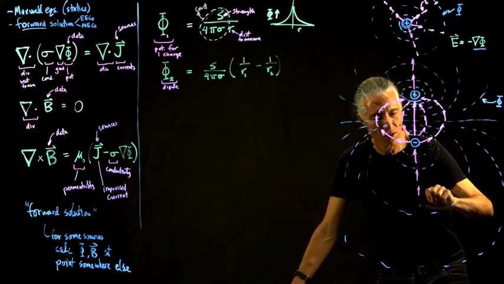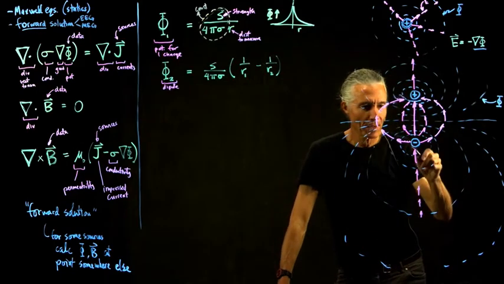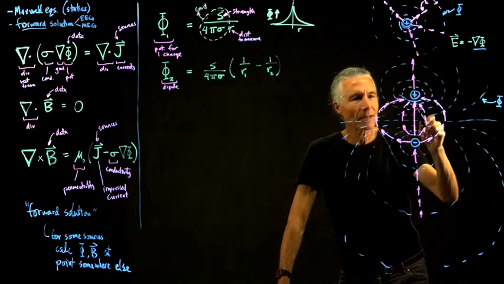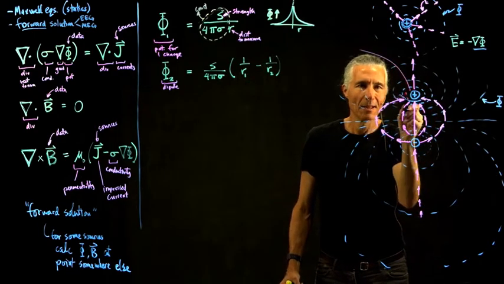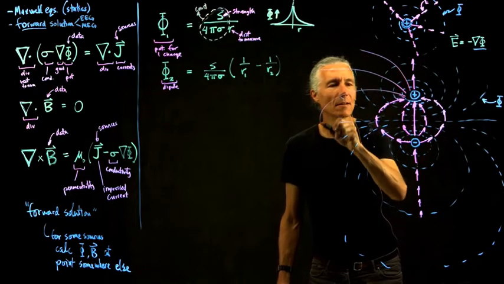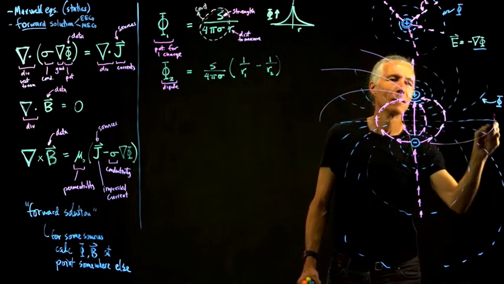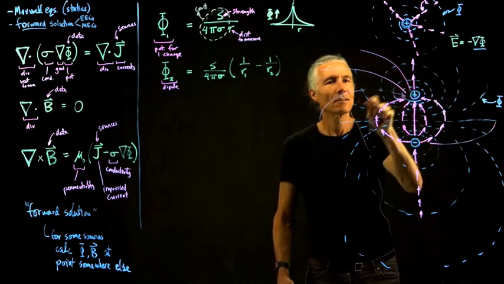So I'm drawing all the E vectors, and those E vectors will kind of come out like that. Oops, that one's supposed to be a little further down.